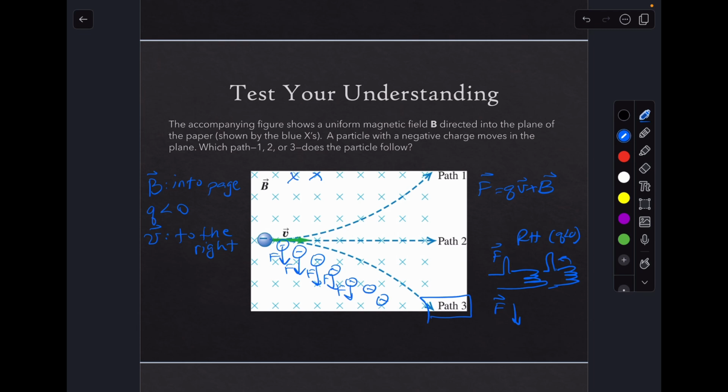So let's assign some coordinates and we can really see that. Let's draw a 3D coordinate system like this, with Z being out of the page, Y, X, okay?